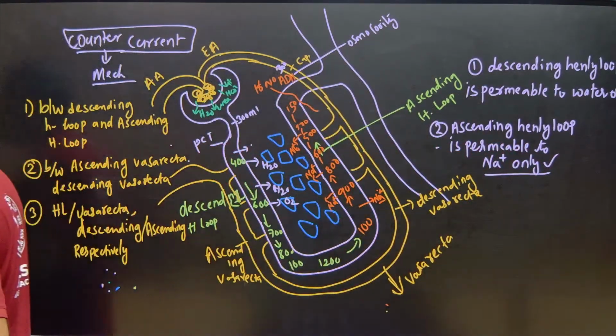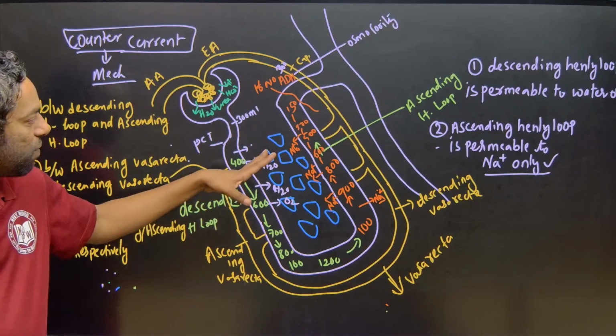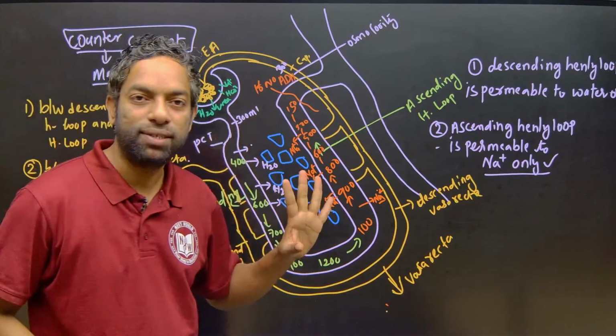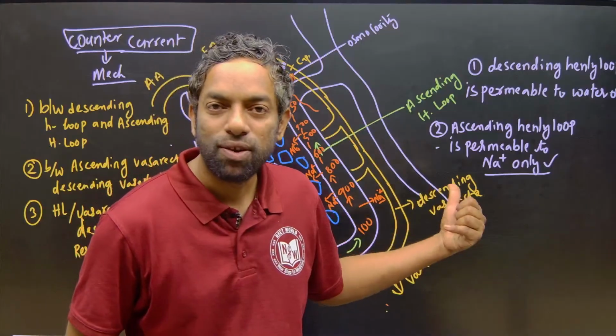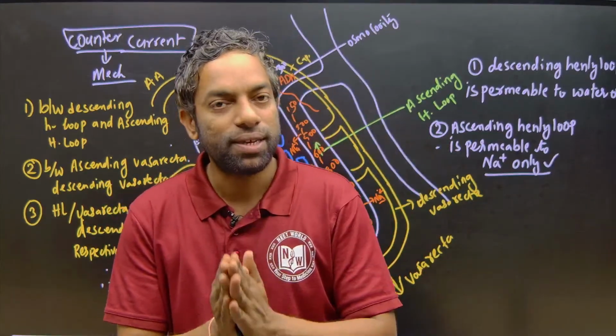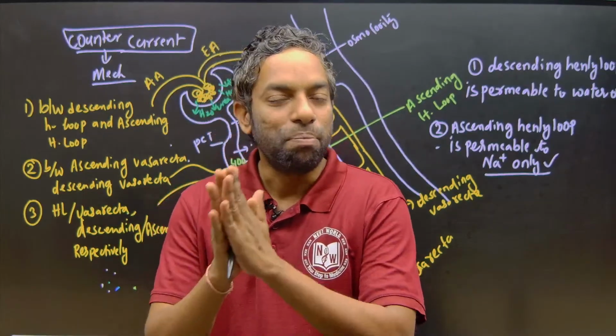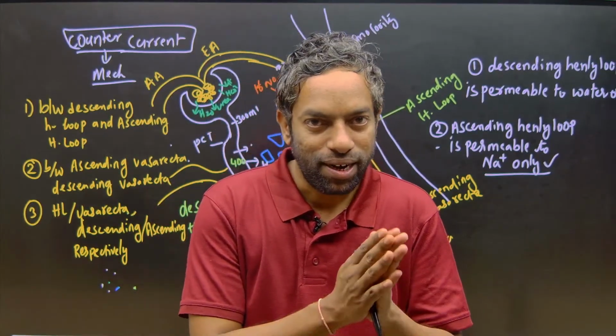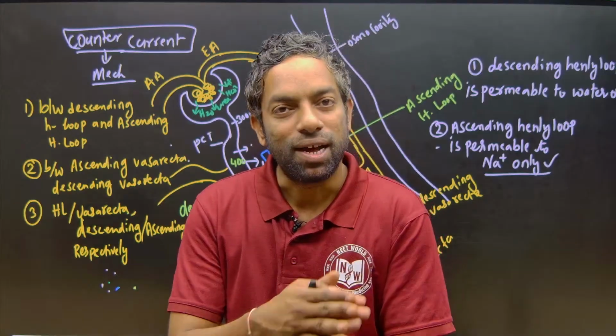Coming to the Vasa recta, this is important, guys. There may be a question from the Vasa recta. Everyone knows the descending Henle loop is permeable to water and impermeable to ions, so if water is removed, the concentration will increase.